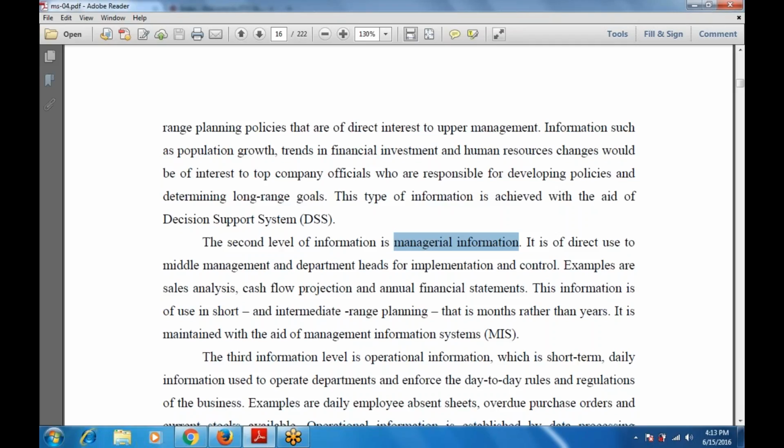And this is of use in short and intermediate range planning, that is months rather than years. And it is maintained with the aid of the management information system, that is MIS. So one is the DSS, the decision support system, and one is the MIS, the management information system.